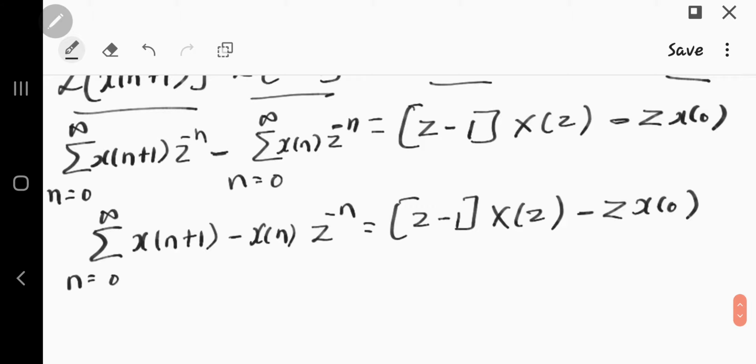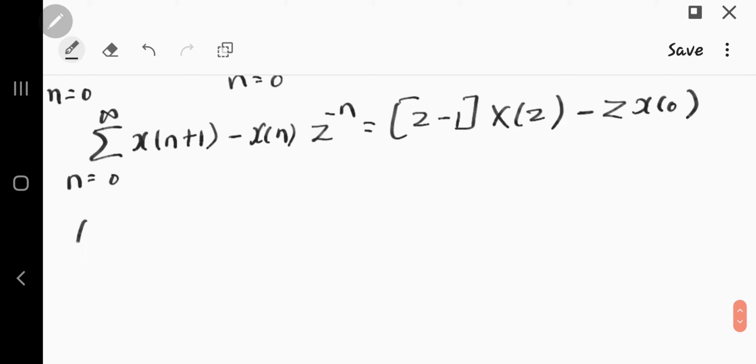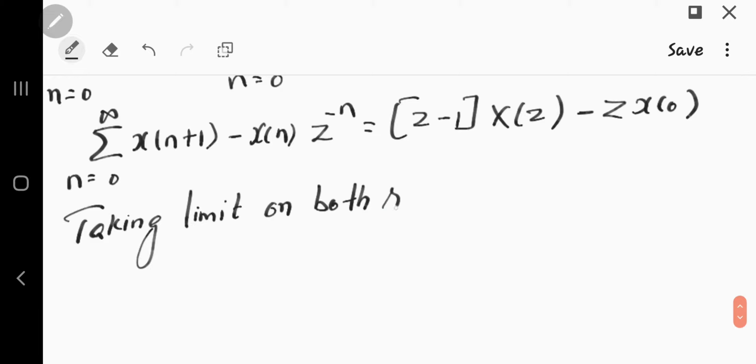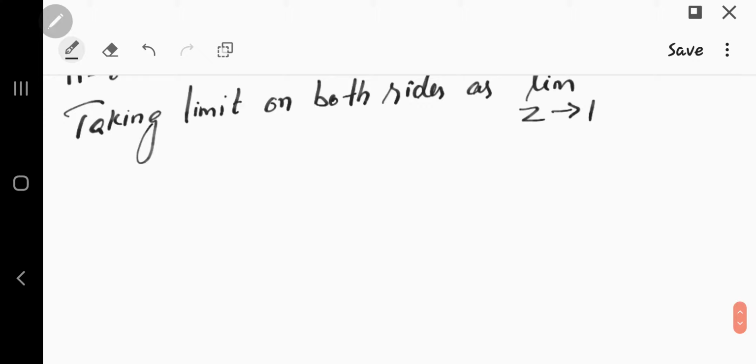Okay. Now taking the limit on both sides as z tends to 1. So what do we get?